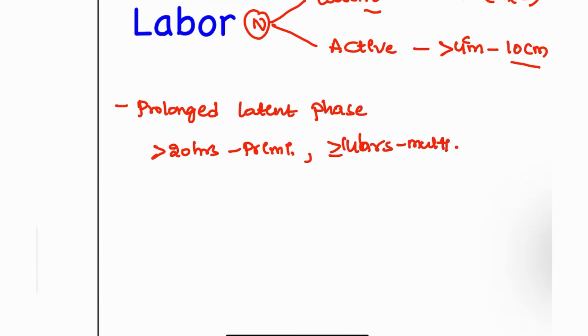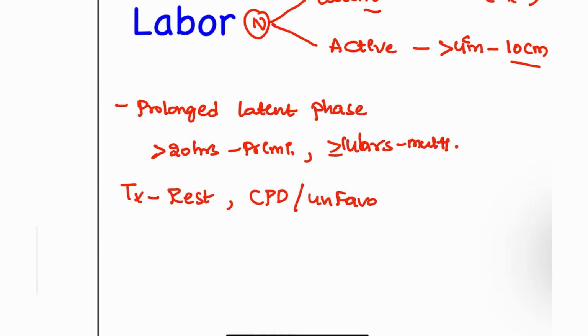Then it is considered a prolonged latent phase. What is the treatment that we are going to give? Usually we are going for rest only. Okay, rest only, unless there is CPD, cephalopelvic disproportion, or an unfavorable condition, then we can go for C-section.